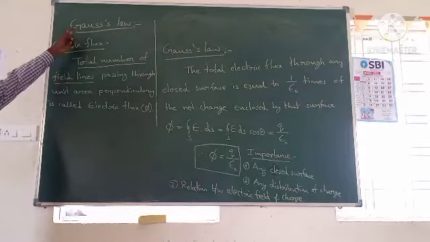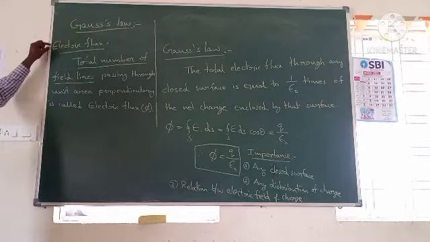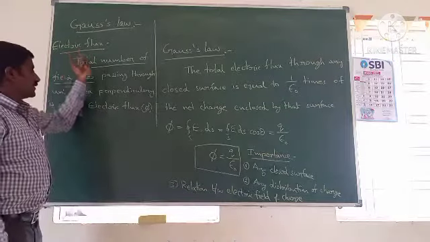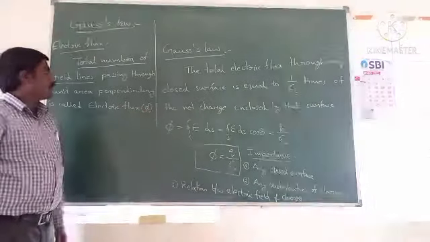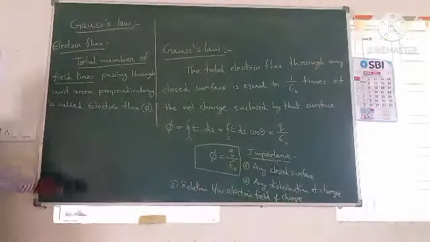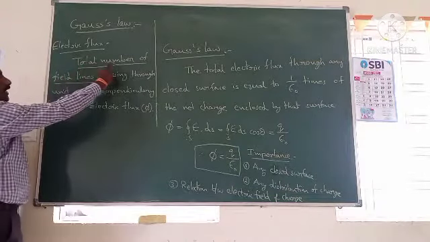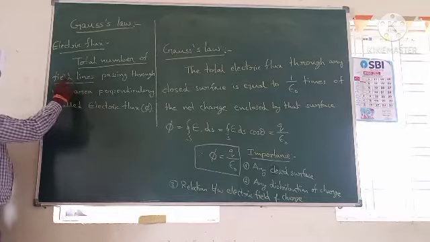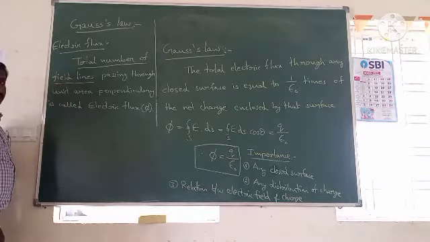Before discussing Gauss law, we should know about electric flux. Electric flux is represented by phi. The definition of electric flux is the total number of field lines. Another name for field lines is electric lines of force.